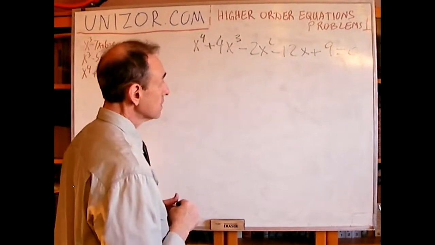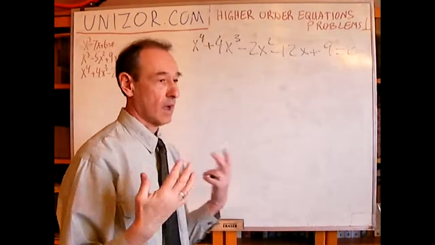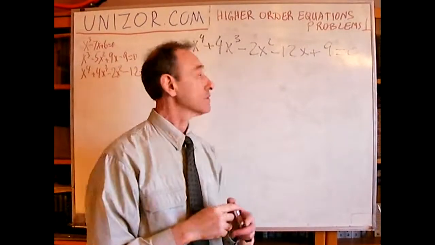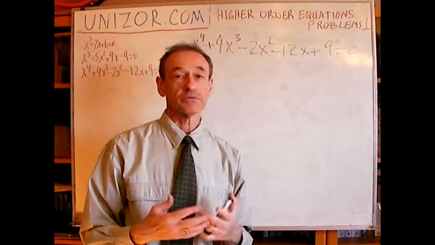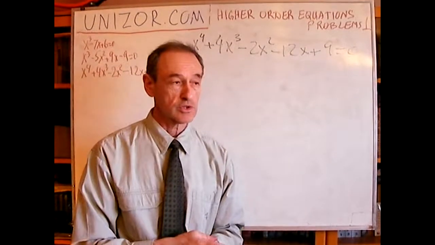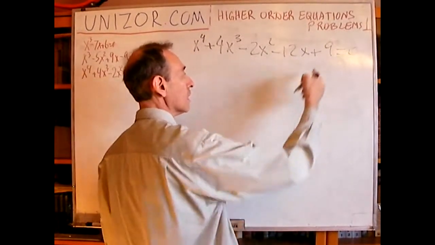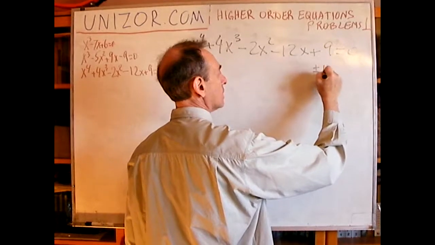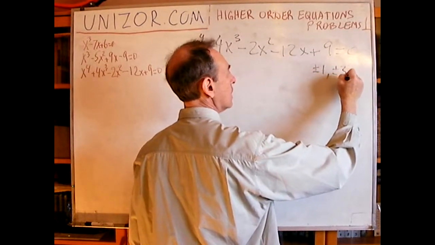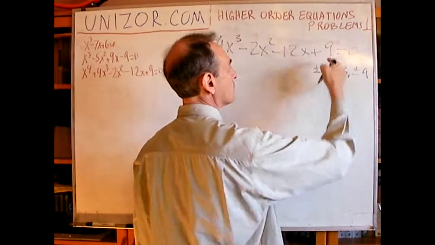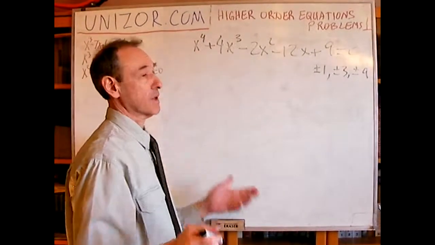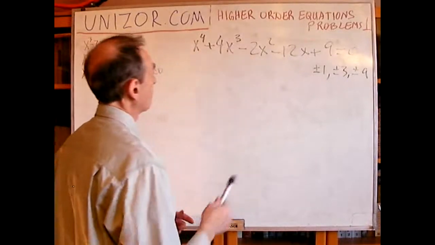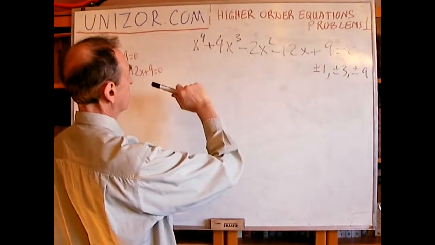Now, this is, again, the polynomial equation of the 4th degree. And we are looking for integer solutions first, which means again we are looking among plus or minus 1, plus or minus 3, and plus or minus 9, which are divisors of the 9. Well, let's check it out. I mean, we don't have any better approach. Okay, start from 1. It's easier, right?